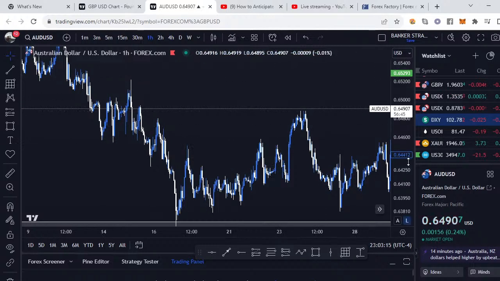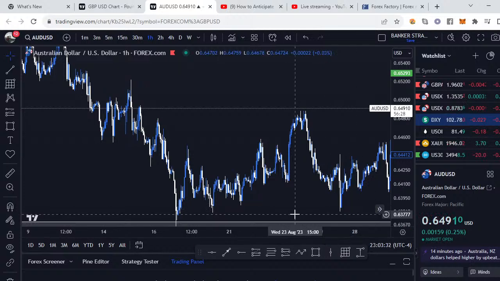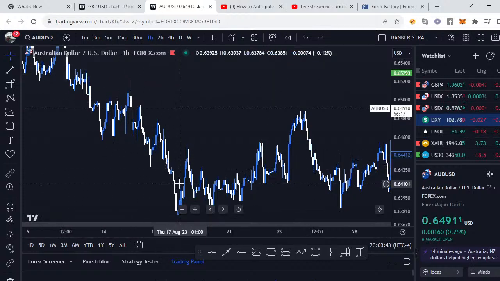You have price on the side and you have time on the bottom. Time and price, notice how I say time and price. Time and price are the most important things when it comes to trading the Forex market.